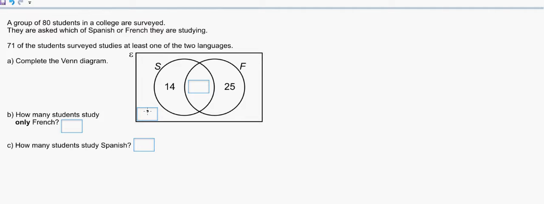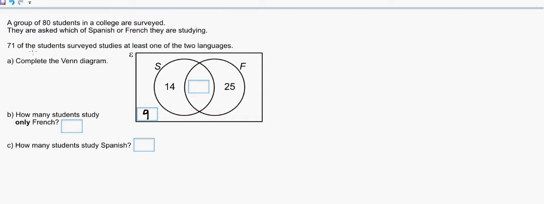So we can put 9 in here, because that 9 are not studying Spanish, they're not studying French. Okay, and we got the 9 by deducting 71 from 80. So that 9 we're not interested in now.